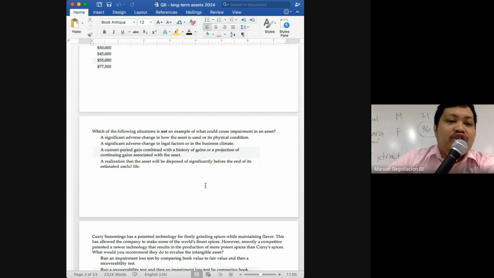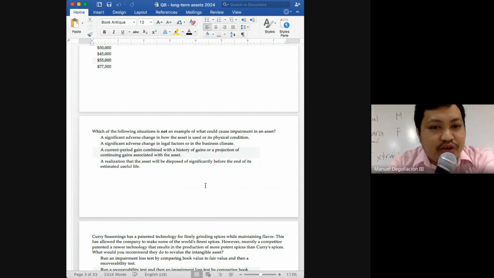Okay, so if you change the third choice, a current period loss combined with a history of losses or a projection of continuing losses associated with the asset would result in the conclusion that the asset is impaired. Okay? So by process of elimination, this should be very easy for you to answer. All the other choices are indicators for an asset that is impaired.